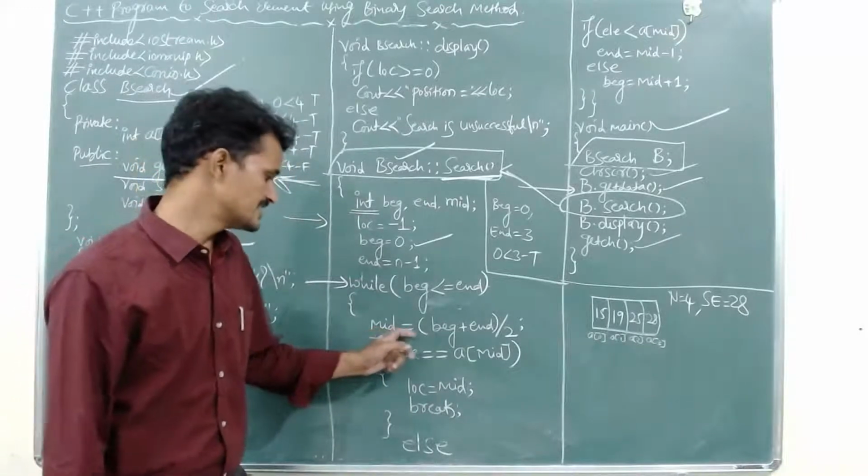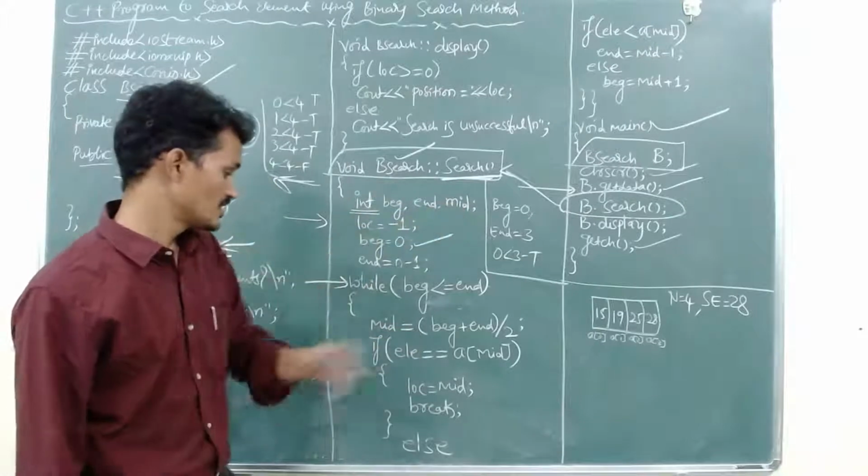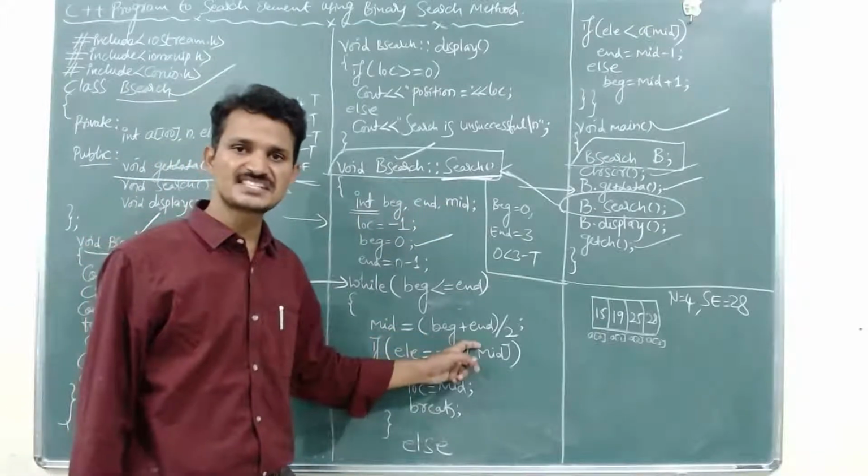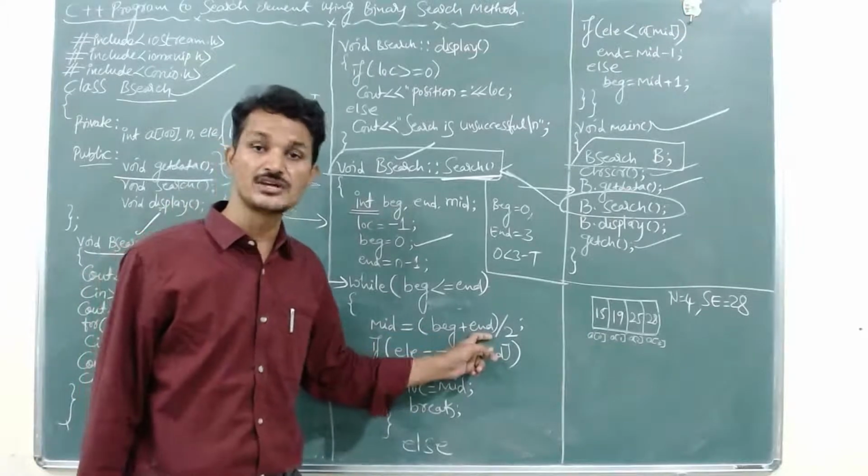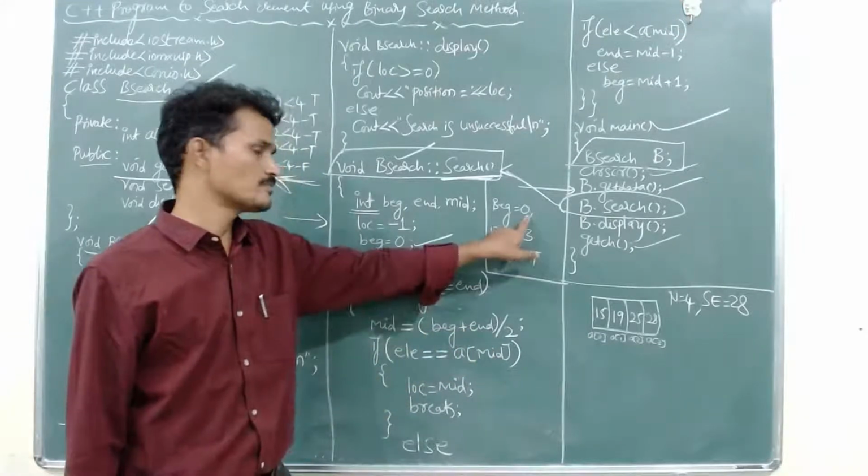Mid is equal to, mid is already declared here, right? Mid is equal to begin plus end divided by 2. What is the value of begin? 0.